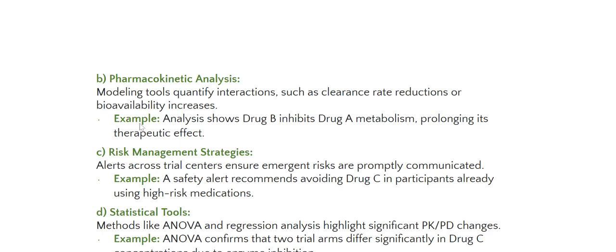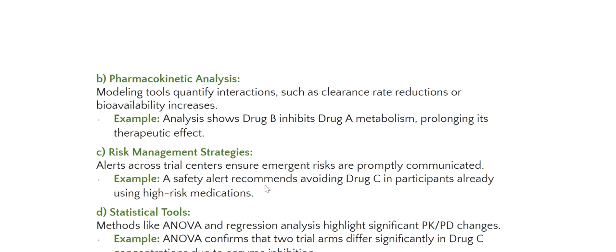Pharmacokinetic analysis: modeling tools quantify interactions such as clearance rate reductions or bioavailability increases. As for example, analysis shows drug B inhibits drug A metabolism, prolonging its therapeutic effect. Risk management strategies: alerts across trial centers ensure emergent risks are promptly communicated.